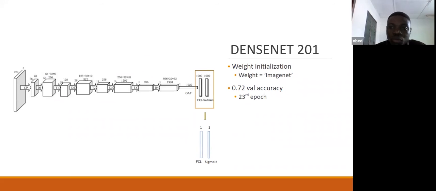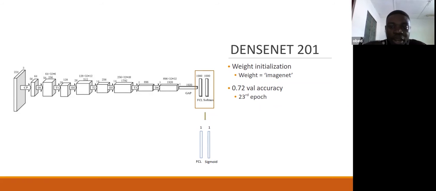So I moved on to a bigger network, the DenseNet 201. Now, for this one, I used this as a weight initialization model. So its layers I did not freeze. I just took in the ImageNet weights and used them to initialize my weights, right?